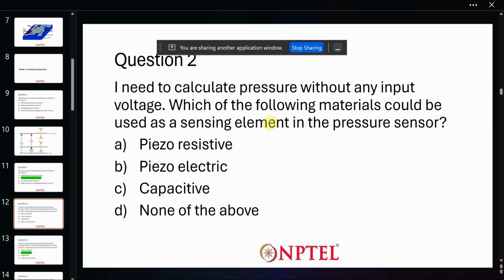But you don't need any input voltage for it, because electrons will be directly generated with the deforming force being applied. Capacitance, as we all know, the basic formula is Q equals CV. For the capacitor to work, you have to give the input voltage. So the answer is B, piezoelectric material.